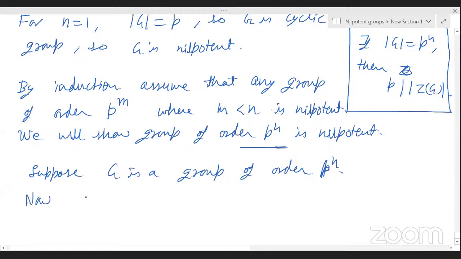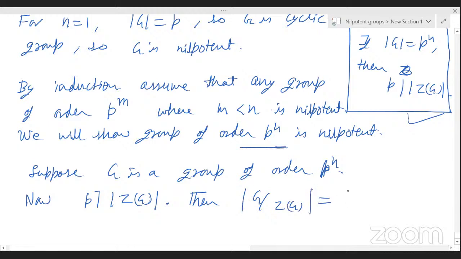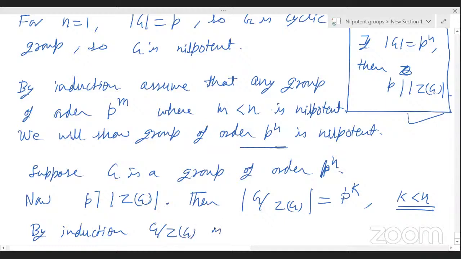Now, p divides the order of the center of G by this result. Then, if we quotient G by the center of G, what will be the order of this group? The order of this group will be p to the power k, where k is strictly less than n. So by induction, G by Z(G) is nilpotent. Why? Because we have assumed that any group of order p to the power m, where m is less than n, is nilpotent.